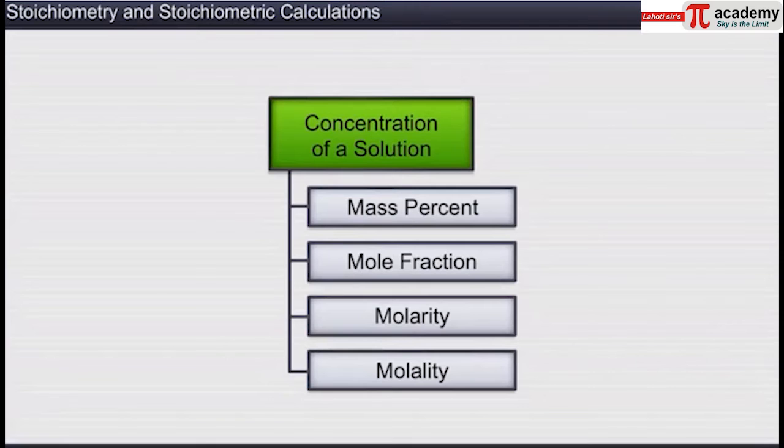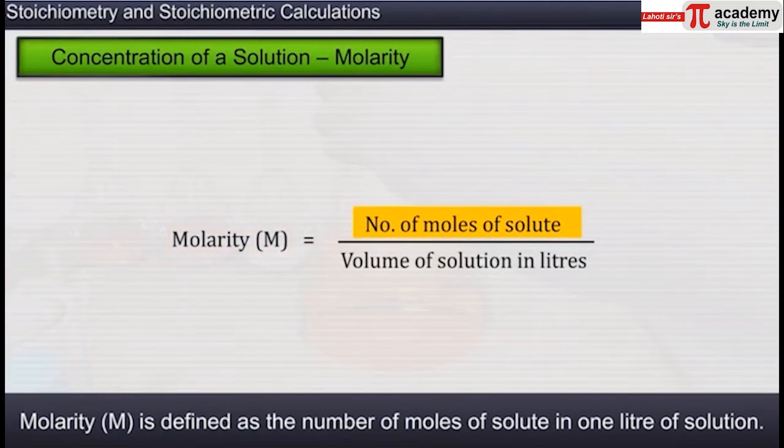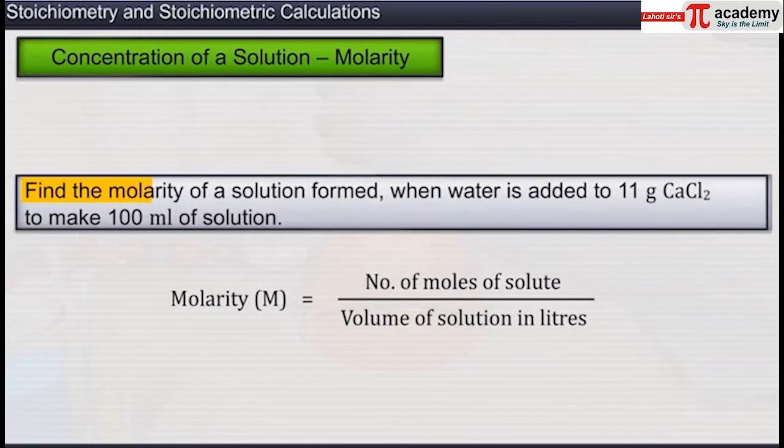Next, let's look at molarity. Molarity is the number of moles of solute in 1 liter of solution. It is represented as capital M. Let's say we have to find the molarity of a solution formed when water is added to 11 gram calcium chloride to make 100 ml of solution.